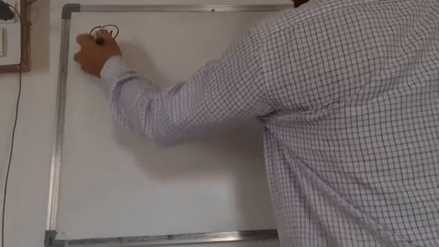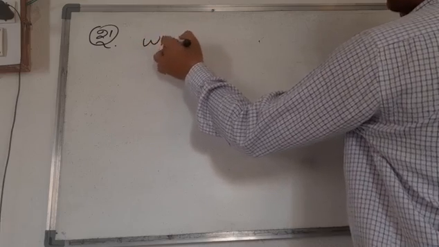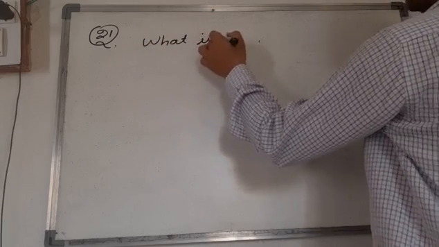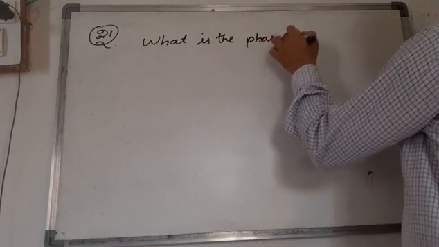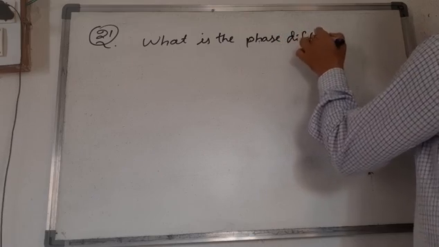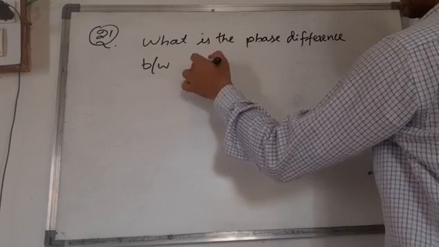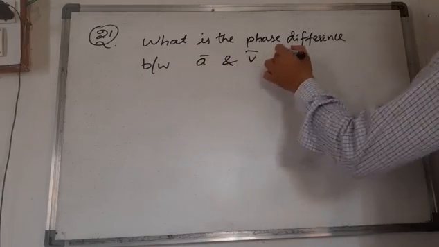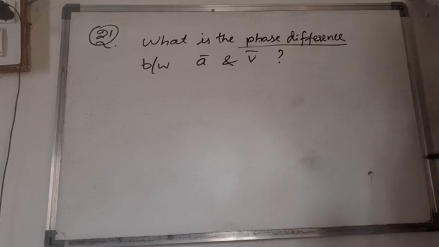Next problem. Now in the 21st question, he is asking what is the phase difference between acceleration and velocity. We are going to find the phase difference between acceleration and velocity.